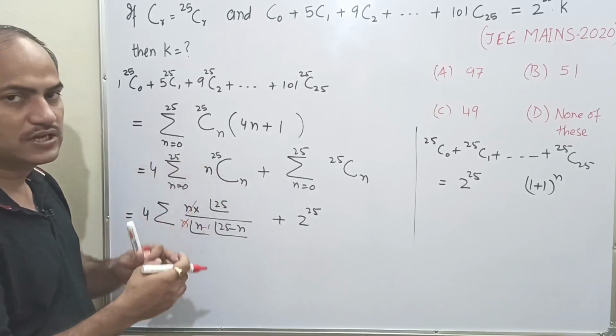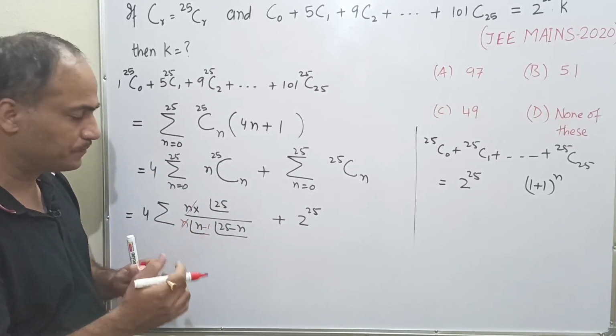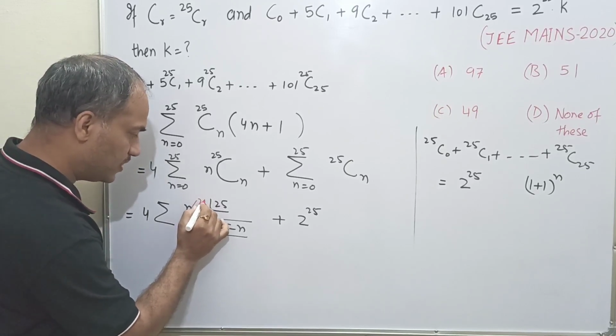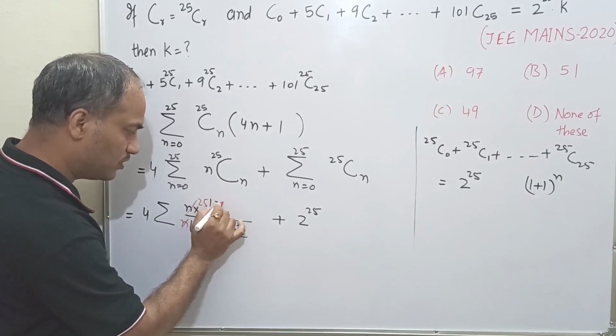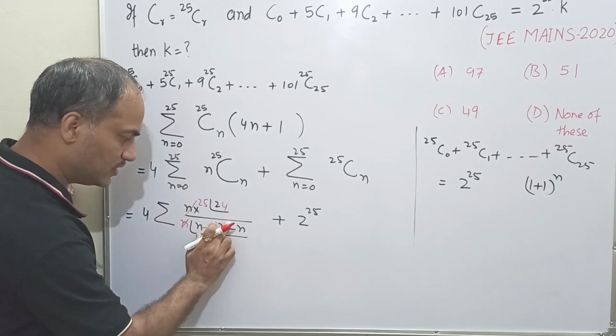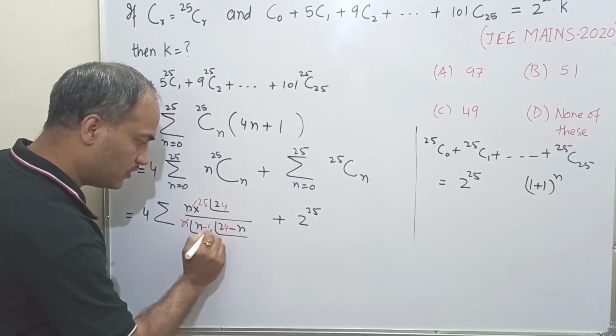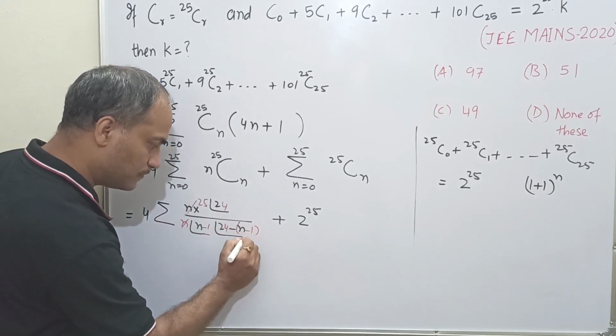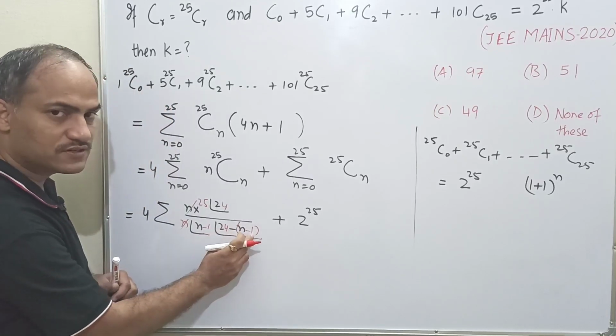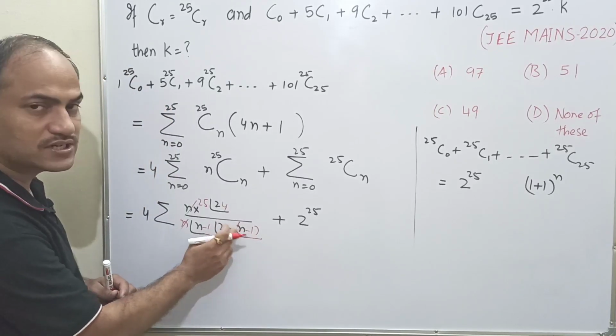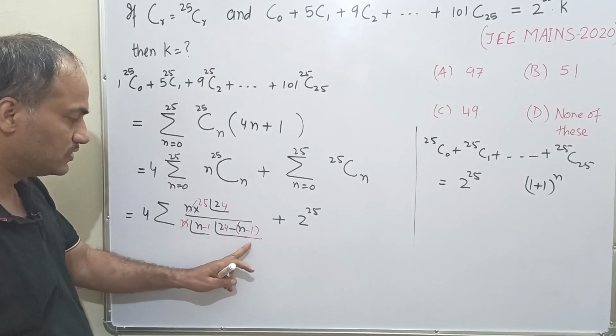So let us make it a combination of a lower term. 25 factorial can be written as 25 times 24 factorial. The denominator can be written as (n minus 1) and 24 minus (n minus 1), which is 25 minus n. So it is the same value, we have just written it in such a way.